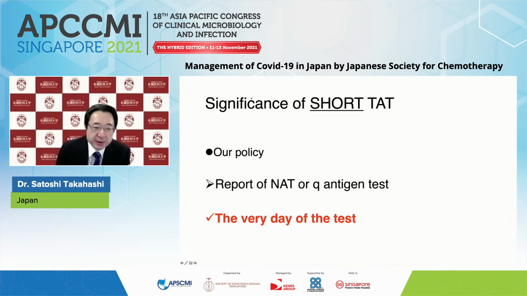The advantage of short turnaround time is good for reporting to the clinicians. So our policy for the quantitative antigen test is that the report is made on the very day of the test.